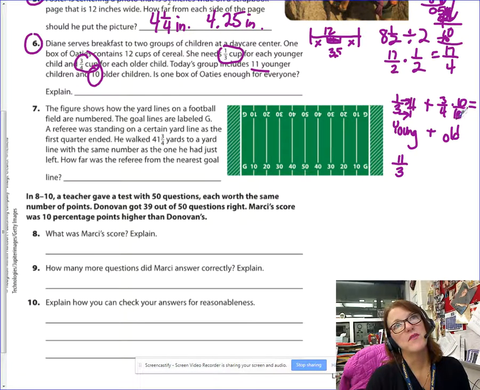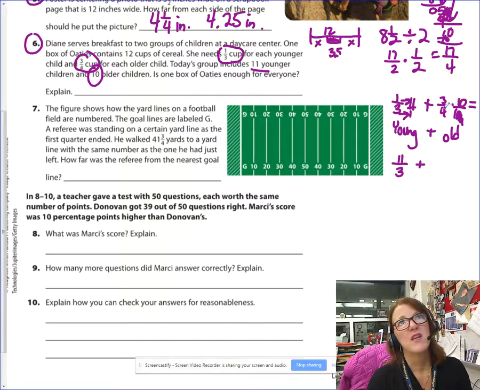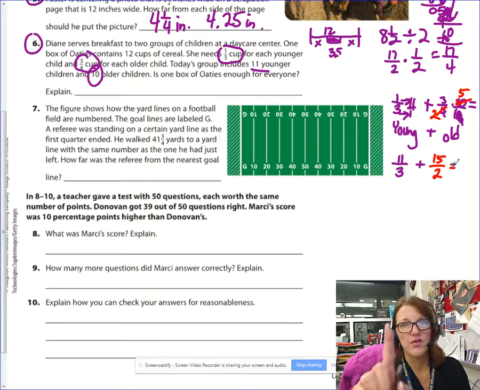Except over 1. Except instead of putting 30/4 for the older children, I'm going to simplify this one because there's a factor of 2 in both the 4 in the denominator and the 10 in the numerator. This is going to give me 15/2. Oh, hold your horses.